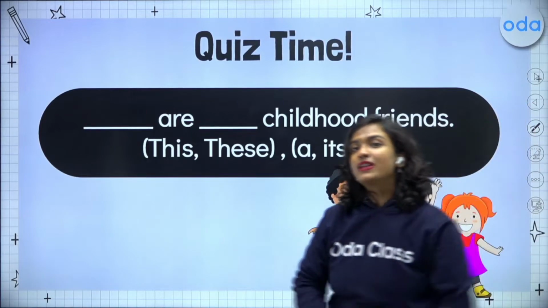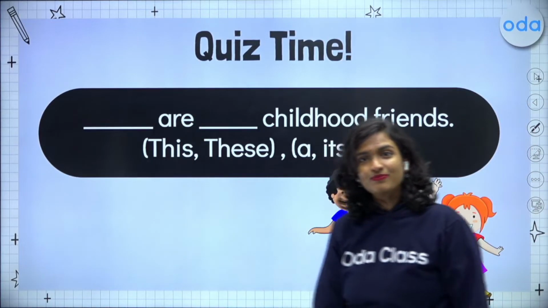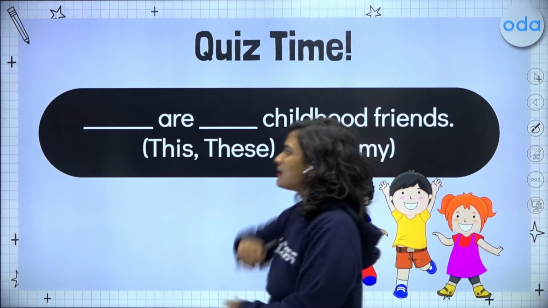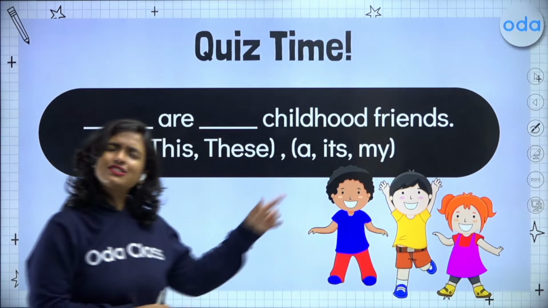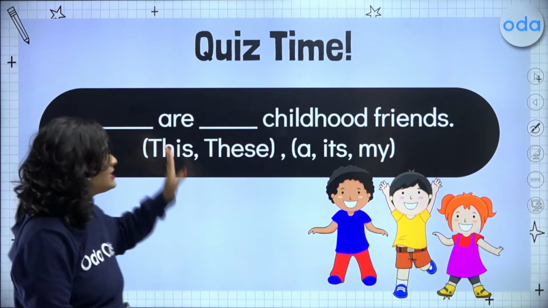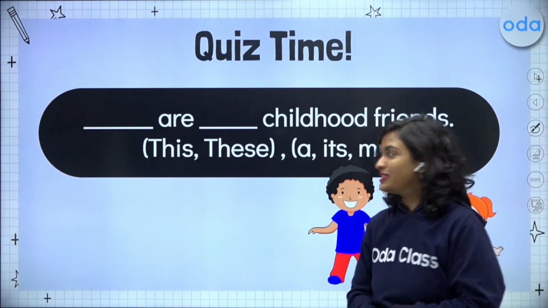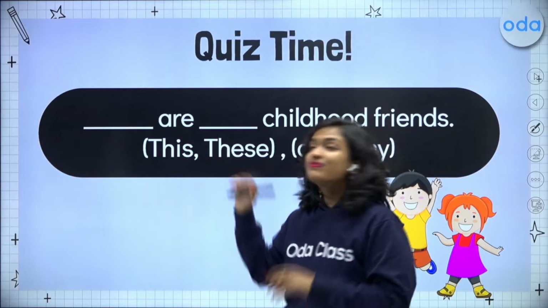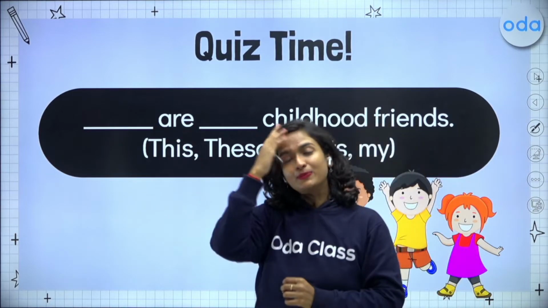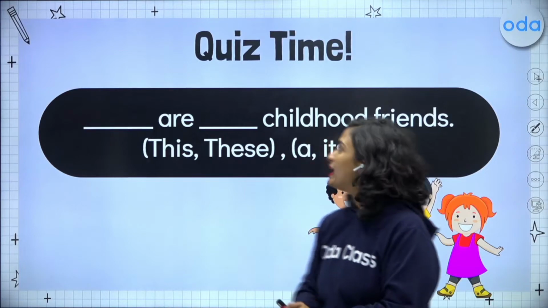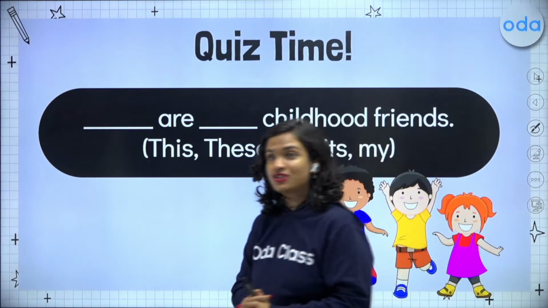Now, like I said, this question has two blanks. Can you figure out which of the determiners should I use in each of the two blanks? Blank are blank childhood friends. What do you think, students? Should I use this or these in the first blank? Correct. Now, I am referring to something that's plural in nature, right?